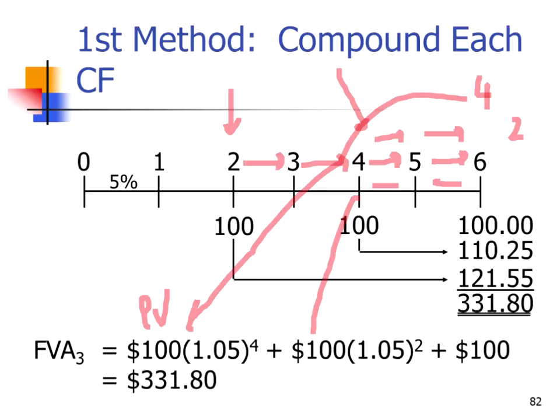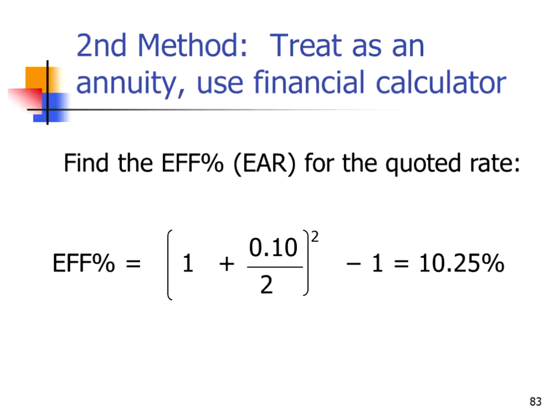And for this one, t is going to be 2 because there are just 2 periods of interest compounding. And then finally, for the 6th it is going to be simply $100 because there is no compounding happening for the 6th period. So you will just add all 3 to get your final answer of 331.80. Okay? Clear, students, online and in class?